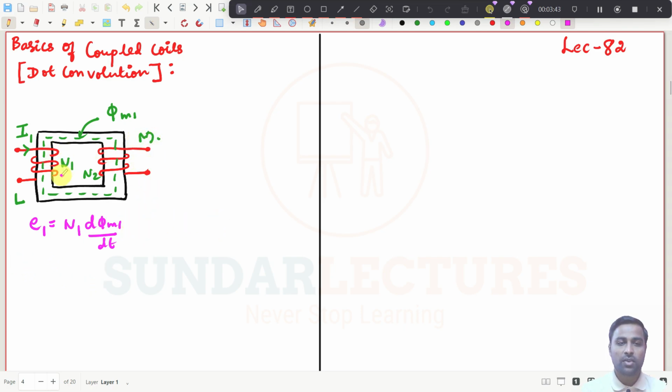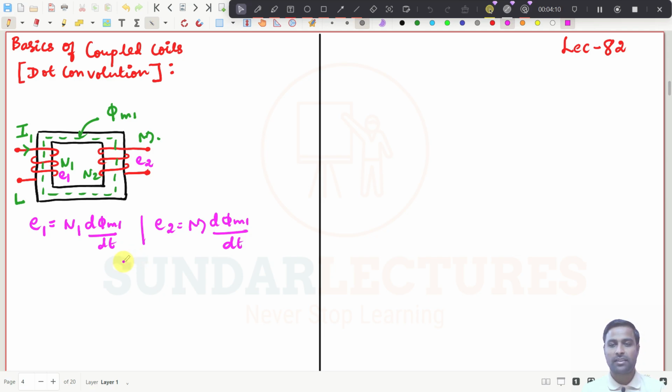If this is E1 and I am writing this to be E2, I know what the E2 value is. What is E2? There is no current flowing through this coil, because I have not excited this coil. So self-induced EMF will be 0. And what will be the mutually induced EMF? It is M into d pi M1 divided by dt.